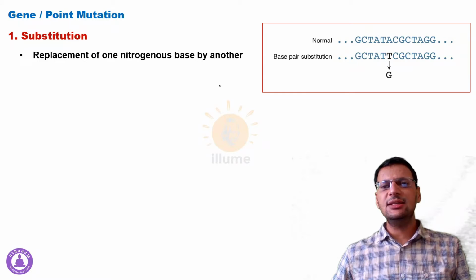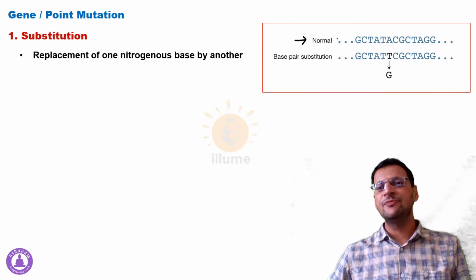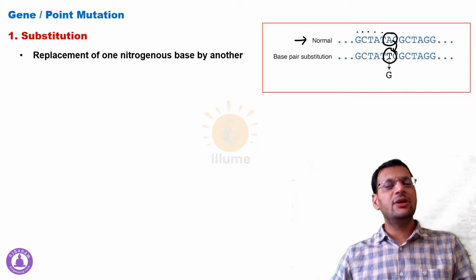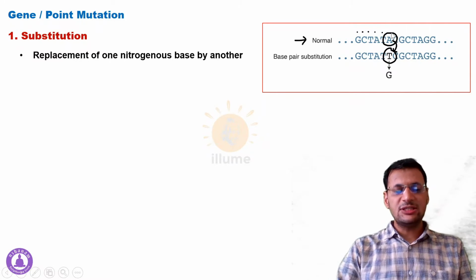You can clearly see in this example, this is the normal case. The DNA sequence reads out as GCTATA, but this A has now been substituted with T, that is adenine has been substituted with thymine. This is substitution.